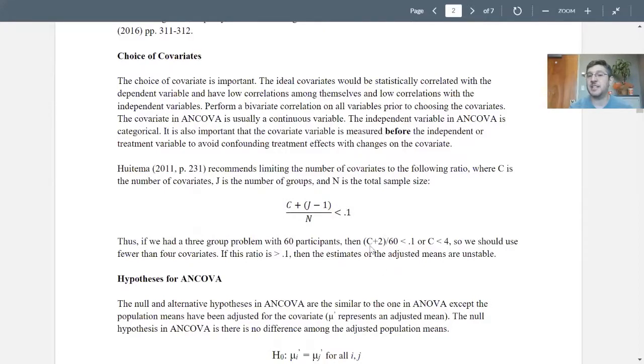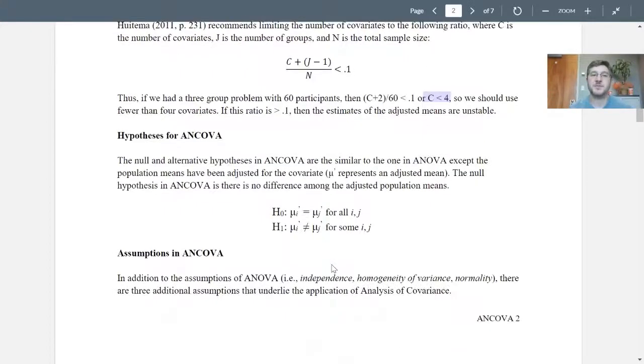Multiply both sides by 60, subtract 2, so we'd want fewer than 4 covariates. So in this study design, where our independent variable has 3 levels and we have 60 participants, we could have at most 3 covariates for the model. The argument is that if the ratio is greater than 0.1, the estimates of the means are kind of unstable.